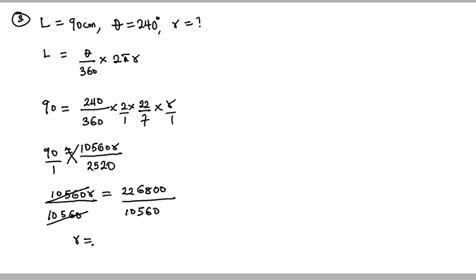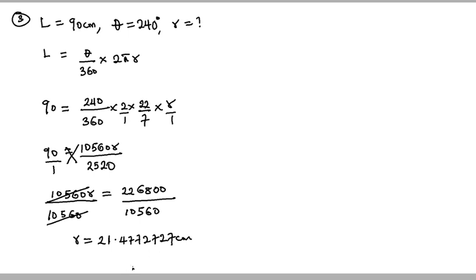Our R becomes equals to 226,800 divided by 10,560, which is leaving us with 21.47727 and so on, in centimeters.